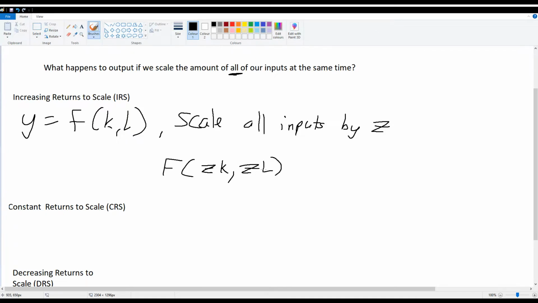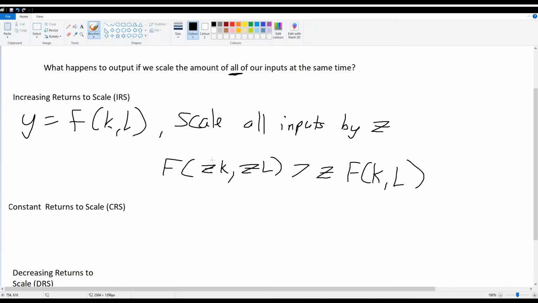And that would be increasing returns to scale. So mathematically, that's going to look something like this, where the production function with the scaled up inputs, F(ZK, ZL), is going to be greater than simply the scale factor Z multiplied by the original F(K, L).